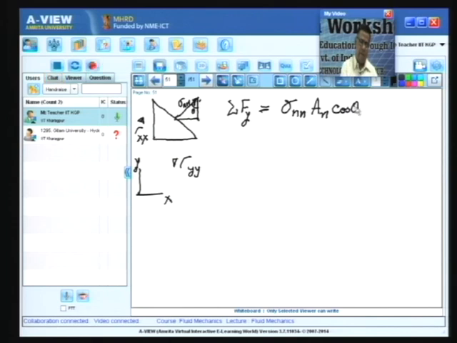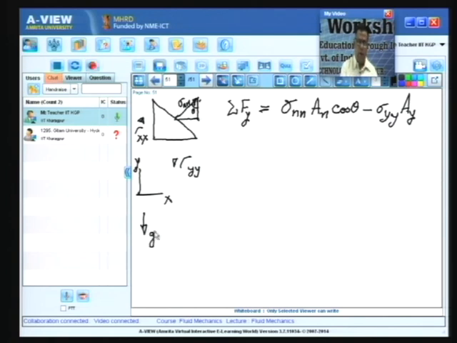and here you have minus sigma_yy into A_y. So, these two are the surface forces. Now, you also have a body force because the gravity is in this direction.